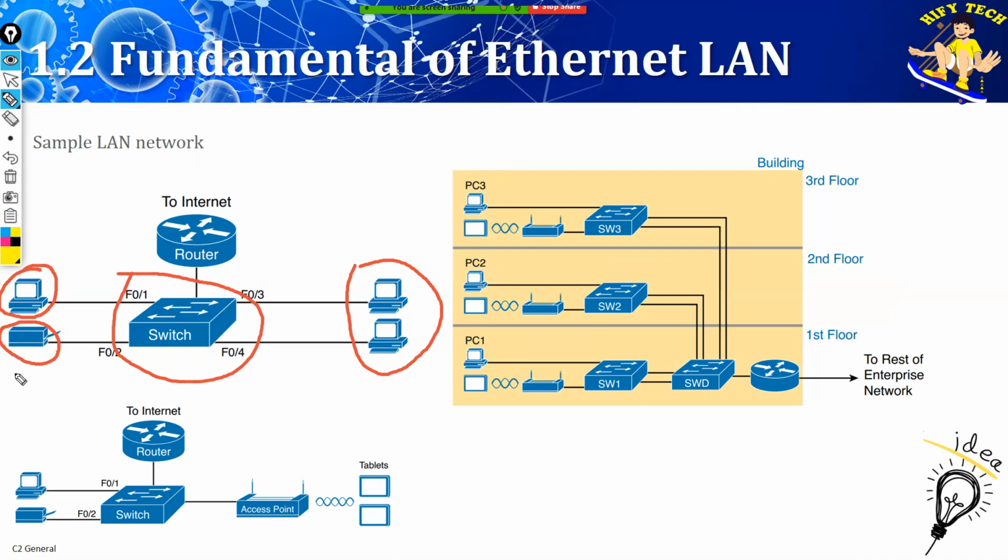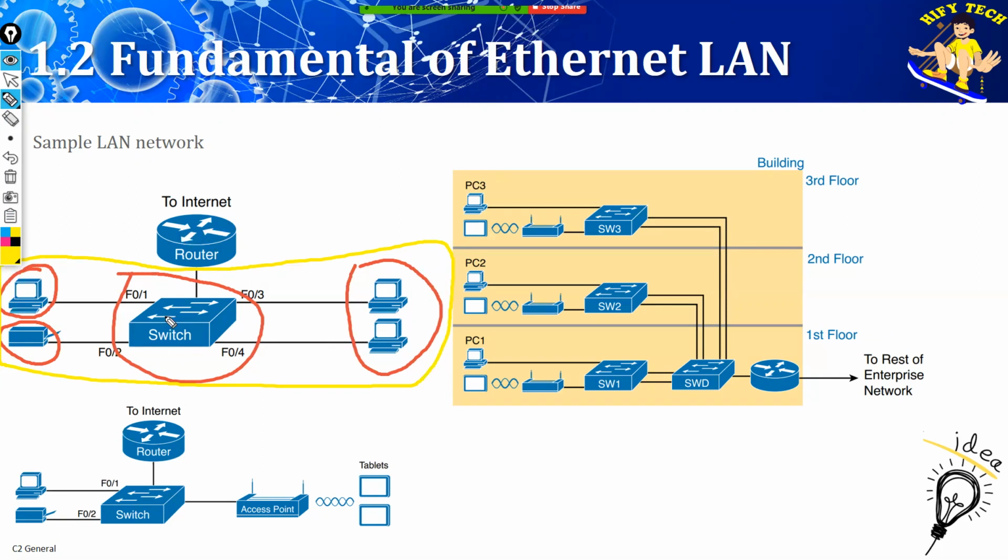So overall, we can consider it as a local area network. It is locally connected through switches, and we work at the MAC address layer, and if we need to talk to the internet, then we need a router to connect to the internet.